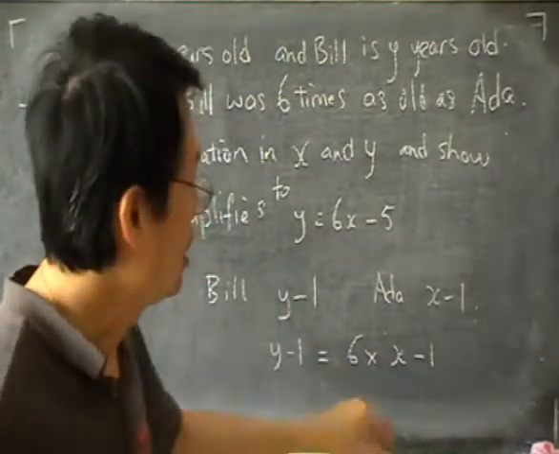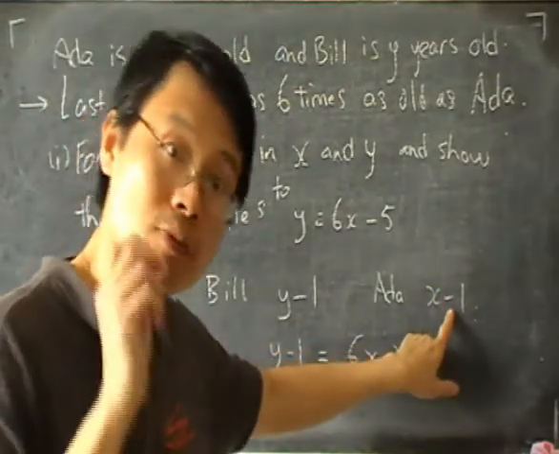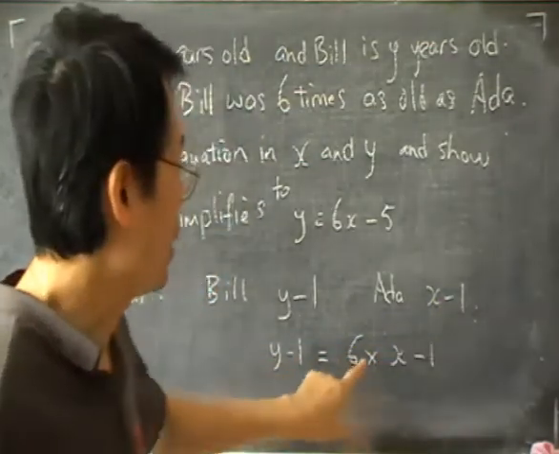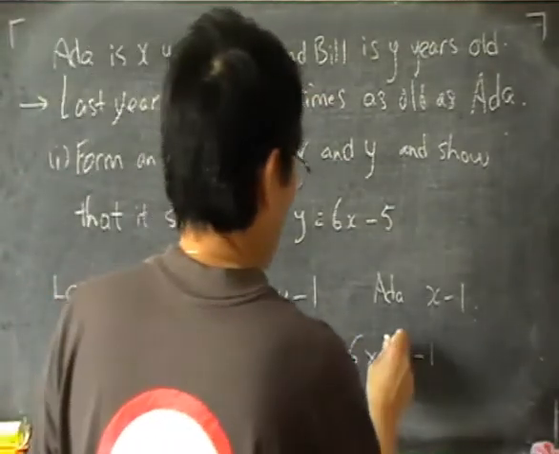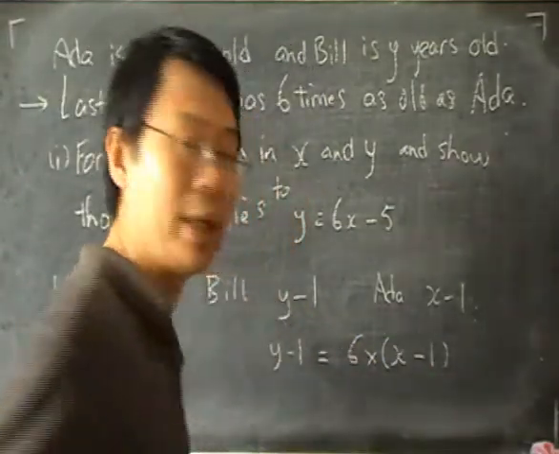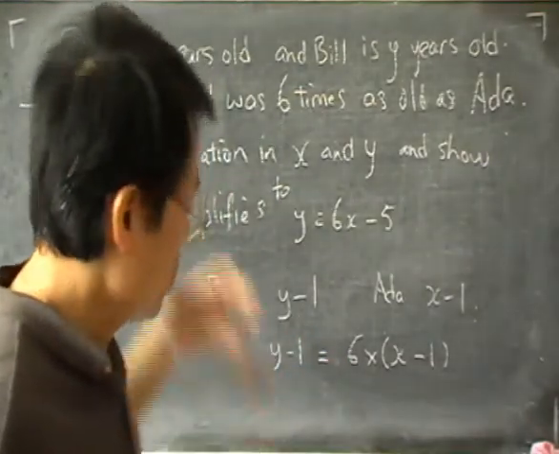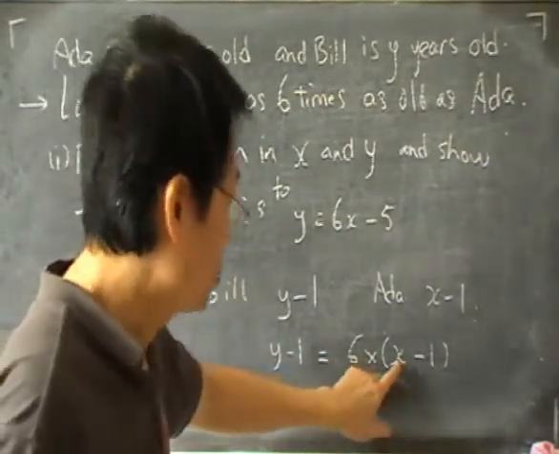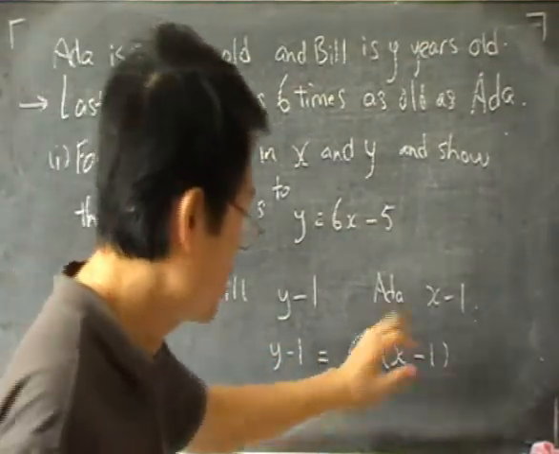That means that to calculate this correctly, I must do x minus 1 first before I times 6. So I should put a bracket around the x minus 1 to tell us that we must do the x minus 1 first. So we must have a bracket there.